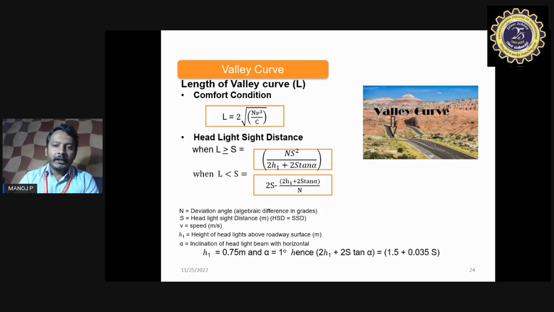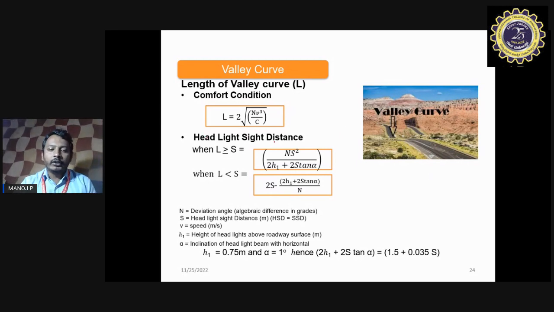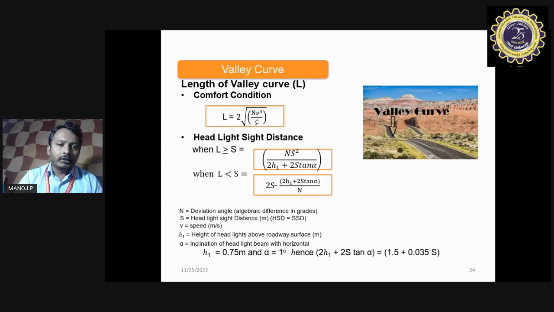Also, during night time there will be a probability of less visibility, so with respect to headlight, the headlight sight distance also needs to be taken into consideration. In case of valley curve, for comfort condition, L is equal to 2 times square root of capital N V cube divided by C, where C is the centrifugal acceleration.